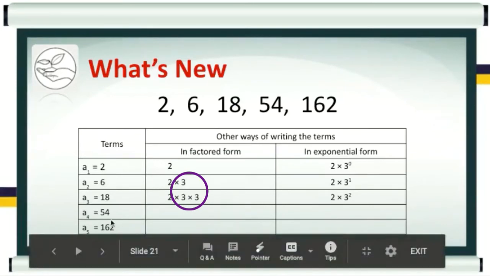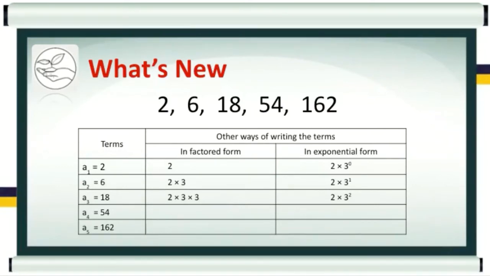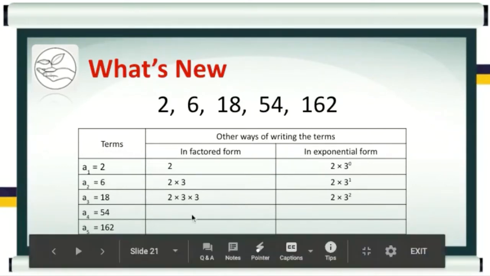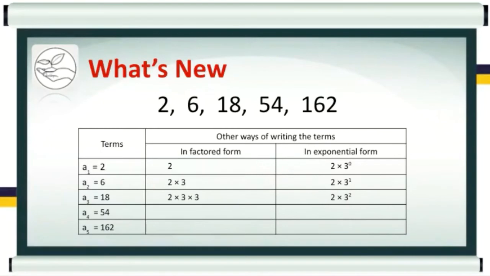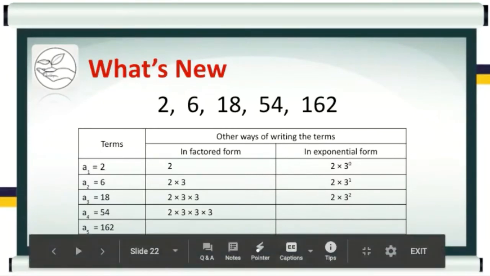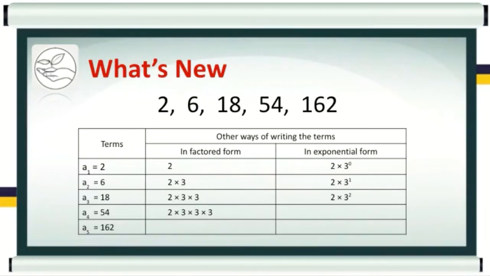What is the next term here? For a4 or the fourth term in factored form: 2 times 3 times 3 times 3. So how many 3's are there? 3. There should be 3 already. As we move to the next term, the number of common ratio factors also increases by 1.